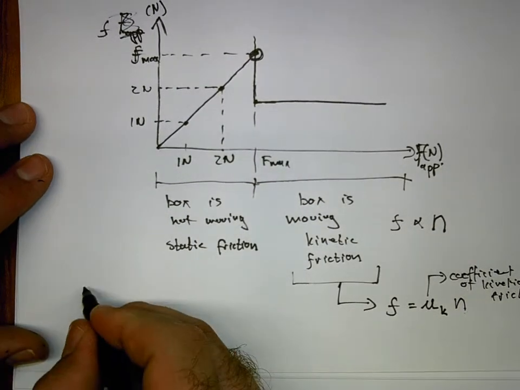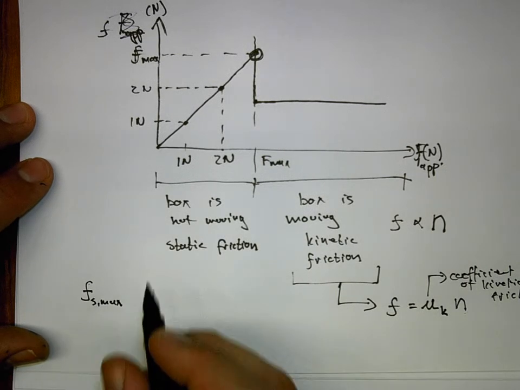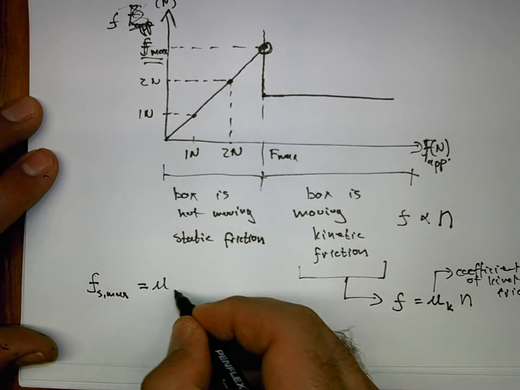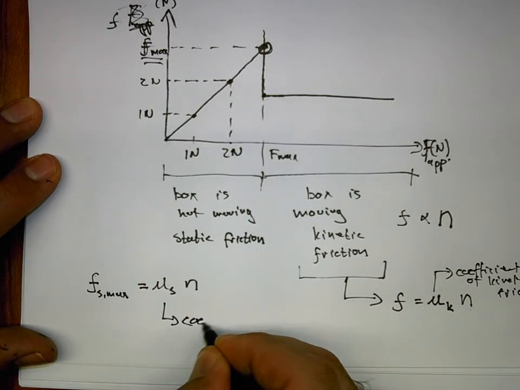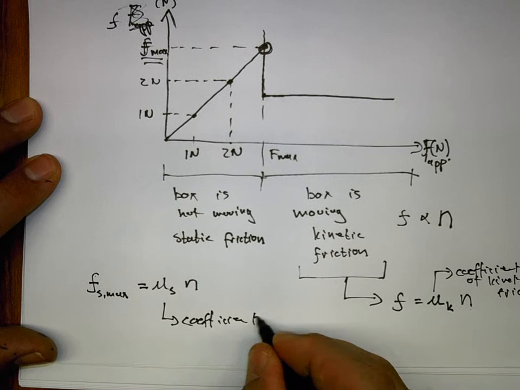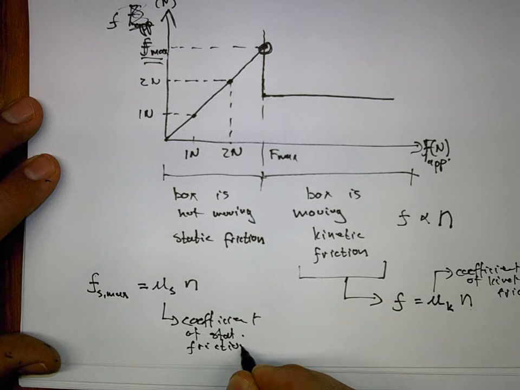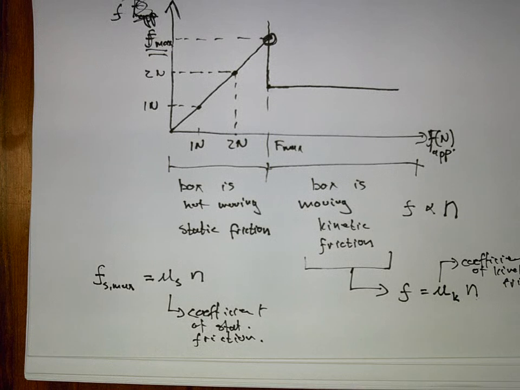So we can say the maximum force of static friction is related to a different coefficient, which we call the coefficient of static friction, times the normal force. And these coefficients are material dependent. So for example, ice will generally have a smaller coefficient of friction associated with it than, for example, sandpaper.